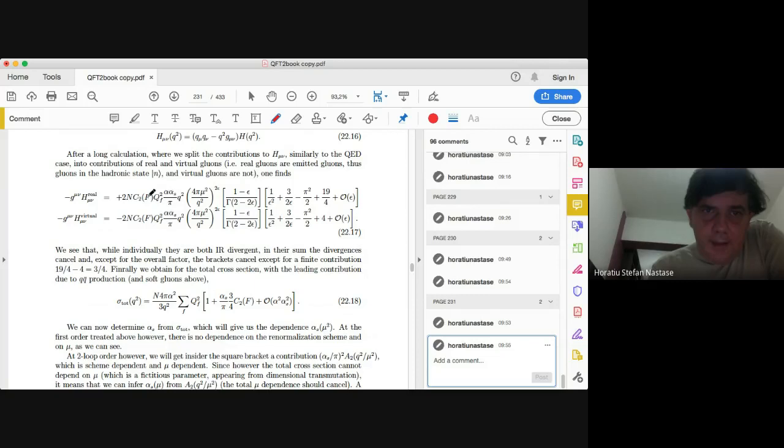The important part is that, again, I get this Q_F squared, the electric charge squared of the quark flavor, and N, but now I also get alpha strong times C2F, the Casimir in the fermion representation.